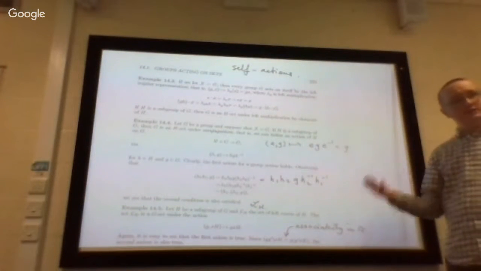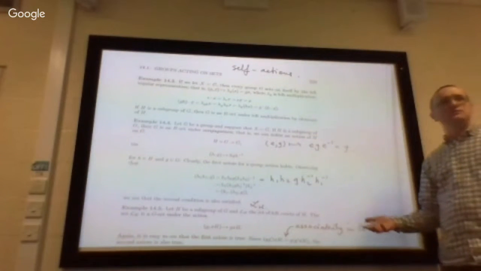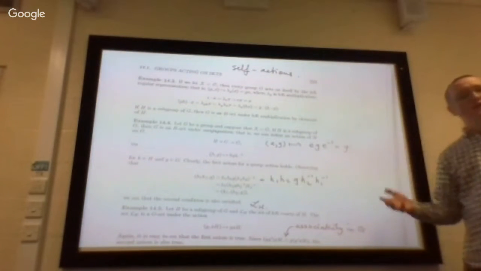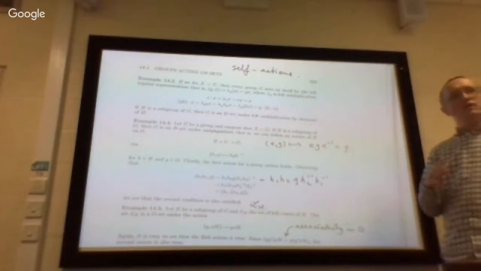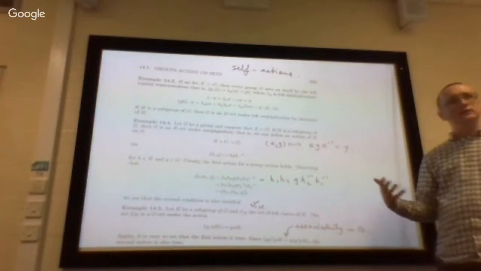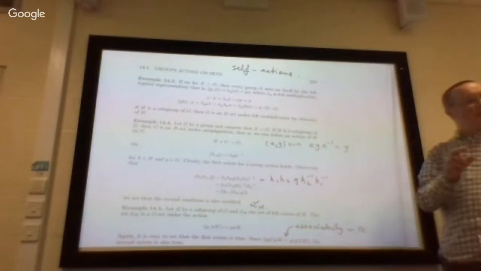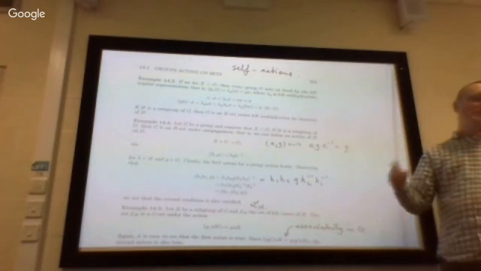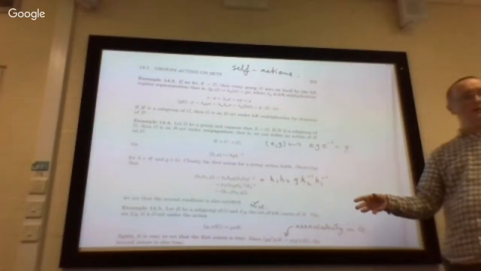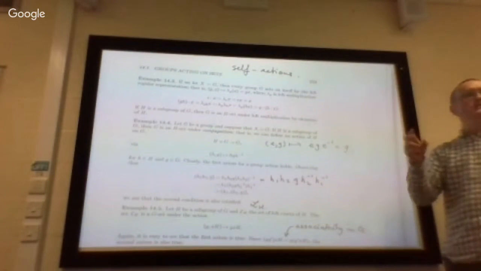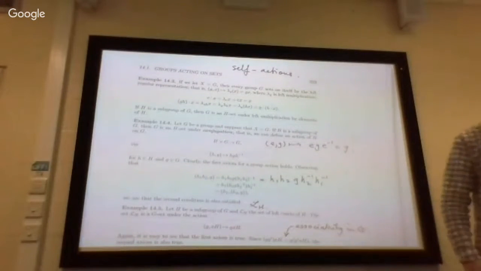We get to these things called Sylow theorems, which guarantee the existence of certain subgroups of the group based only on the size of the group, without knowing anything else about the structure or what the actual elements are. Just simply knowing that it's a group and that it has a certain size, you can immediately say there must be subgroups of a certain smaller size within that group. That's to do with the prime factorization of the size of the group. So nice connections to the number theory stuff as well. Okay.